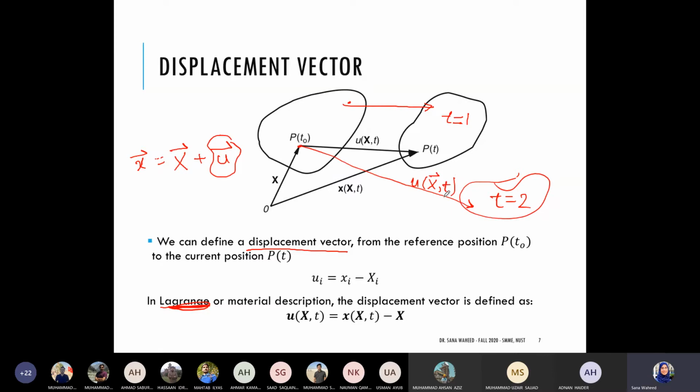It means it's the displacement at any time. At t is equal to 1 this was the displacement, at t is equal to 2 this is the displacement, at t is equal to 3 there will be some other displacement. Is that clear? Okay, ma'am. Okay, thank you.